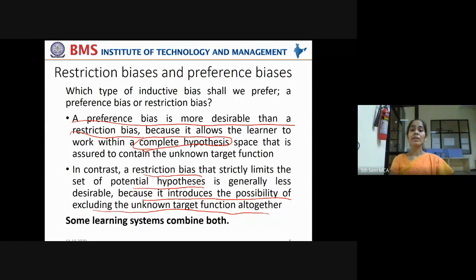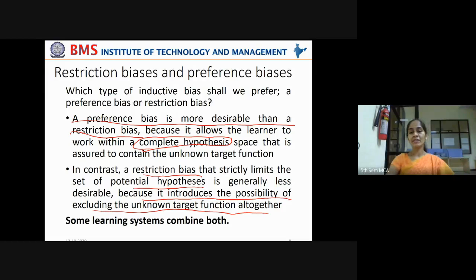And remember, the hypothesis space is incomplete, though you search completely, right? So you have to be very careful while using this restriction bias. That is why decision trees perform better when compared to the candidate elimination algorithm or the Find-S algorithm, right?